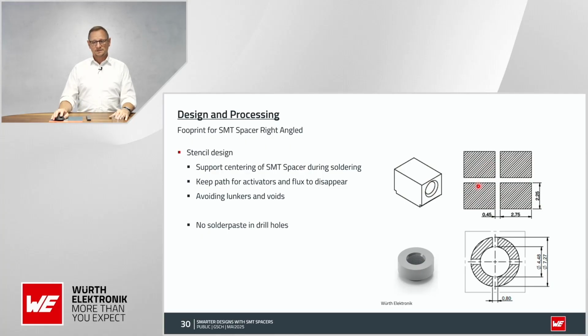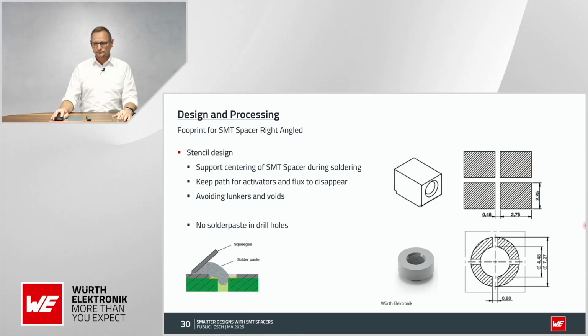So on the bottom side here, no solder paste in drill holes. Very clear, you cannot use the solder paste in drill holes. Therefore, you can see here the stencil design. This one is all covered by the stencil, which is made of stainless steel.